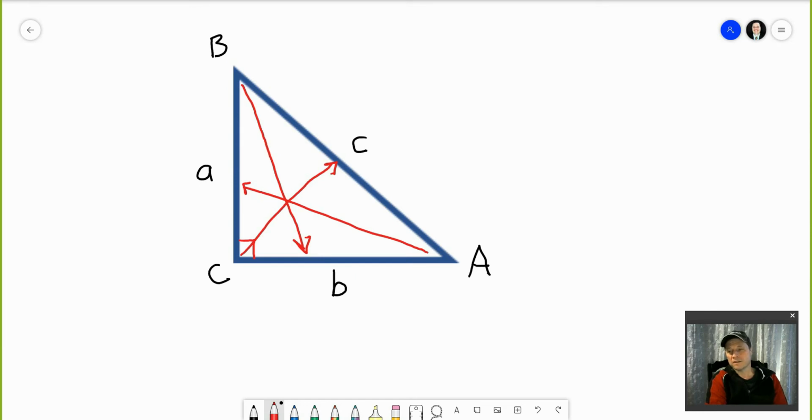Now this helps us because when we go to solve unknown angles of triangles, or unknown sides of triangles, we have to fill in the algebraic expression with the known information.